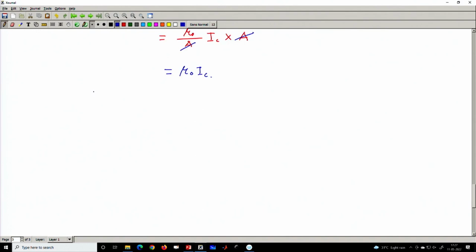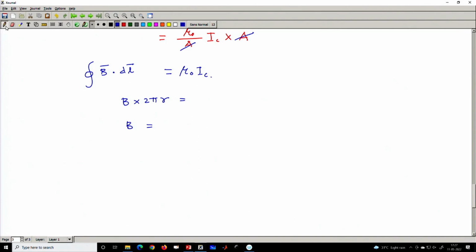So, now the left hand side, again the left hand side is integration of B dot dl, and I want to find it out at r. So, it is B multiplied by 2 pi r, which is mu 0 I or IC, and that value. So, that means B from here is simply, so I should write mu 0 a little bit lower because I did not put the denominator here.